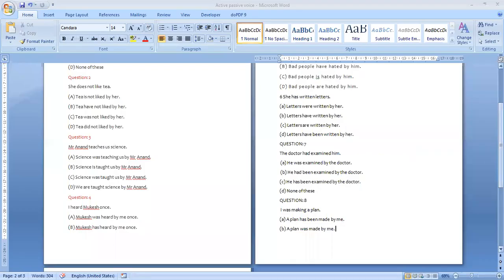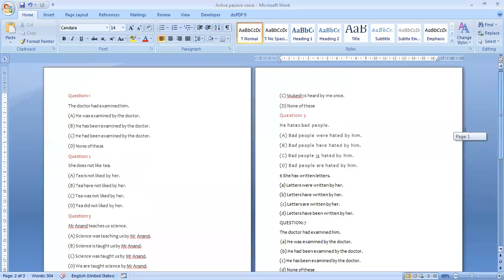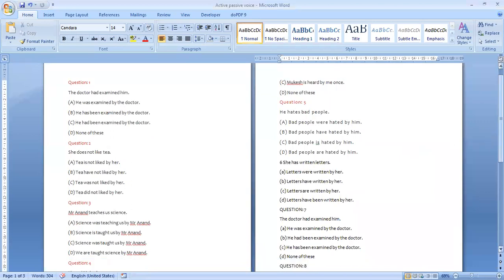I'll give you one more exercise. Now you have to convert it from active to passive. Yes, can you see the page?